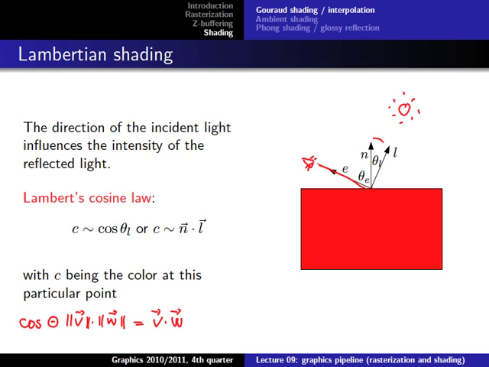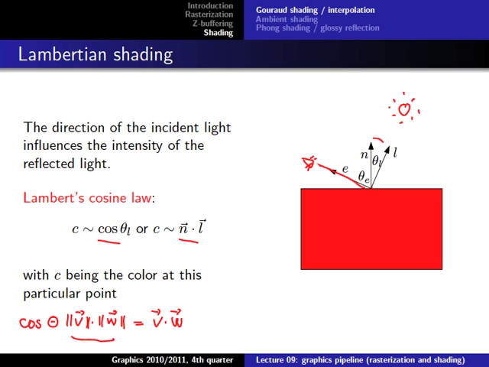And that means if these two vectors are unit vectors, that is, they have the length of one, which we usually ensure when we model it, for the normal vector and the light vector, then you see that this is exactly the same. So we can calculate the scalar product of the vector n and the vector l, and then we have a value that is proportional to the color value at this position.